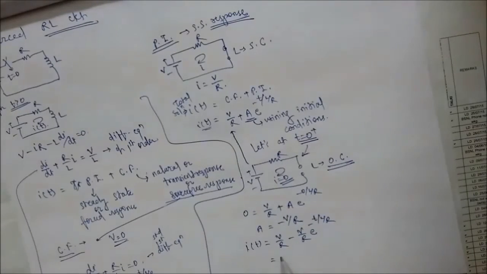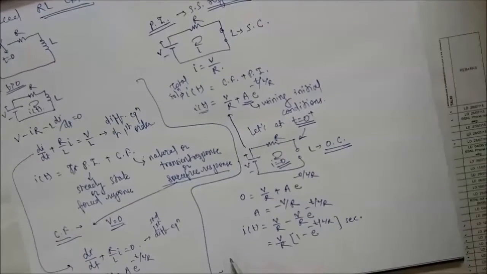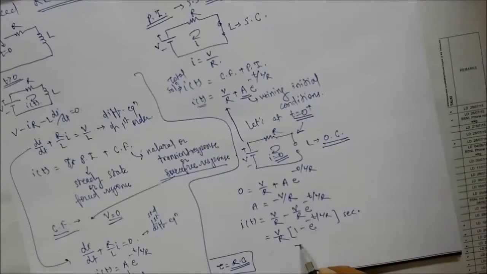That is equal to V by R into bracket 1 minus e to the power minus t upon L by R amperes. As we have seen in the case of the capacitor RC circuit, tau is the time constant of the RC circuit, given by R multiplied by C. Similarly, in the case of the RL circuit, tau is the time constant of the RL circuit, given by L upon R seconds.